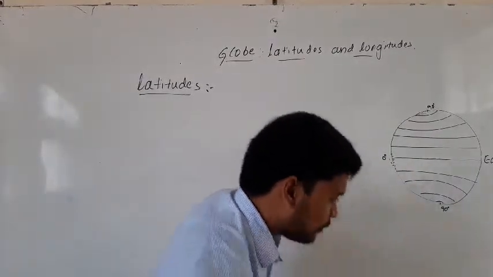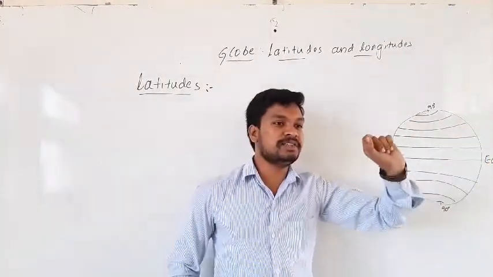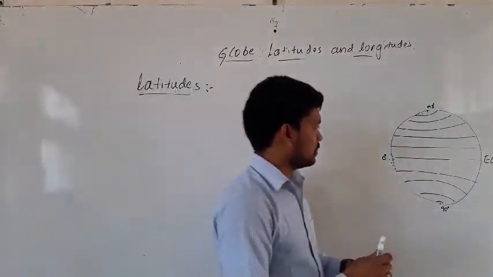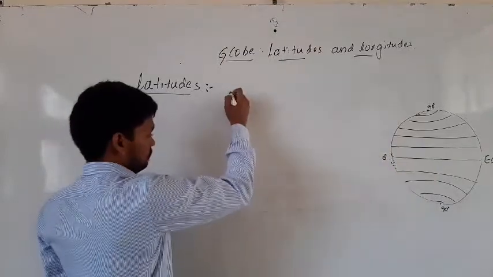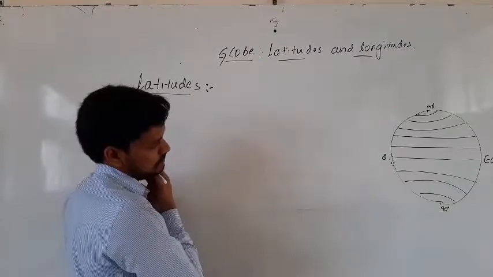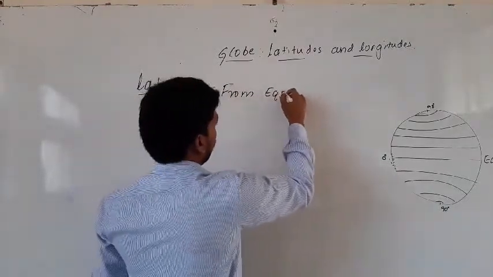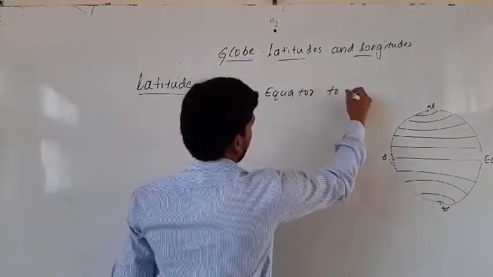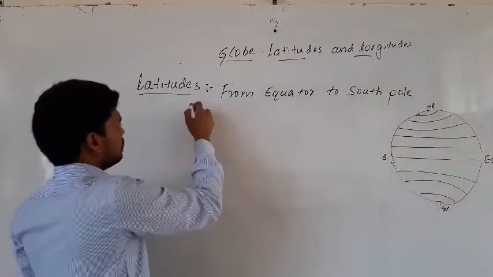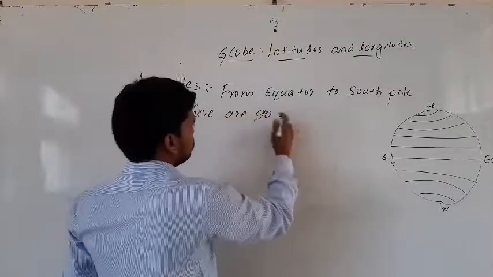So another important point about the latitudes is that every latitude gives information about change in temperature. We'll write the basics first. From the equator to the South Pole, there are 90 latitudes.